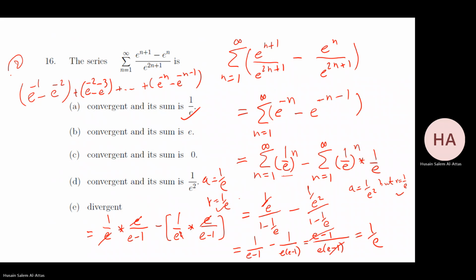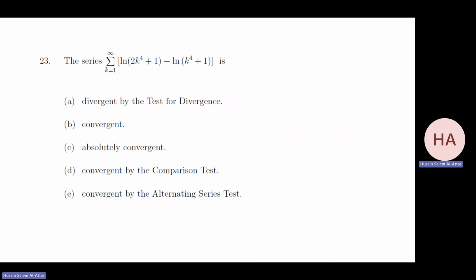Another way. So this cancelled. So as n goes to infinity, this goes to 0. So I have 1 over e. Another way to think about it. So you can do it telescopic, you can do it geometric. Geometric, you need to do two cases. Okay. This one, this series.